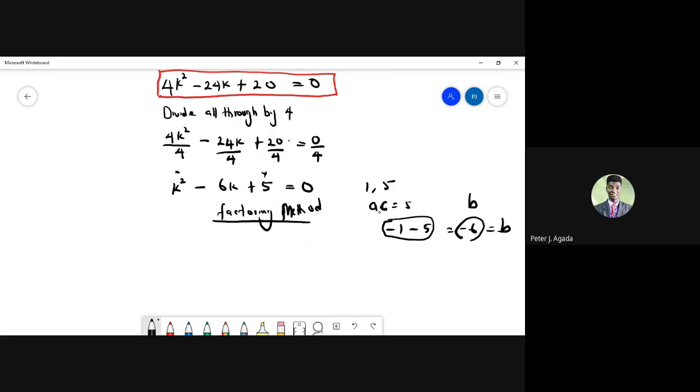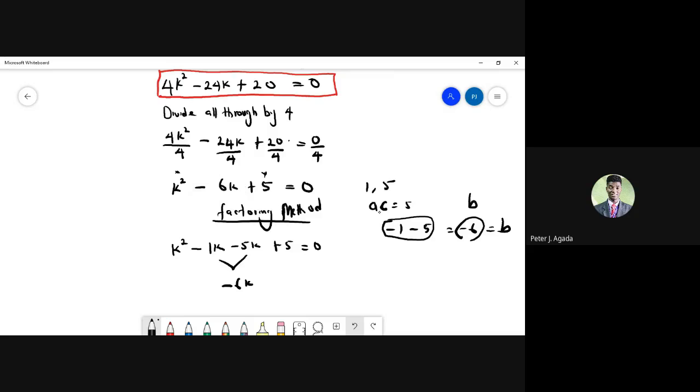It doesn't matter the order in which you arrange the numbers. So I can have k squared minus 1k, and minus my 5k plus my 5 is equals to 0. As you can see, this is also equal to my -6k, so that means I have not changed anything yet.